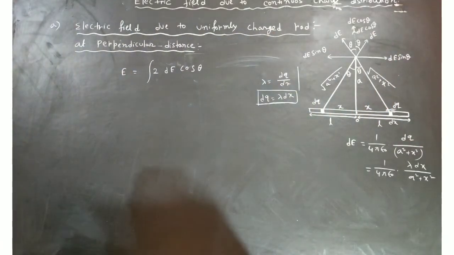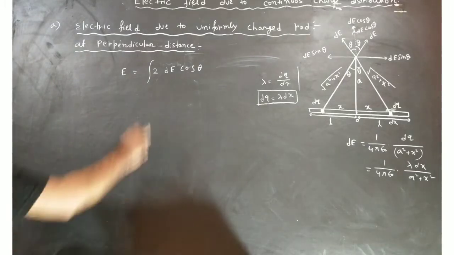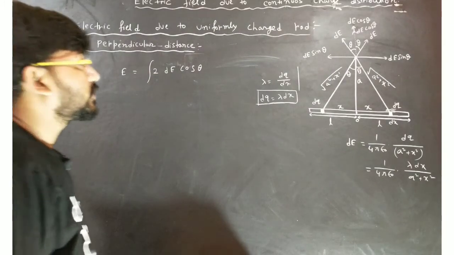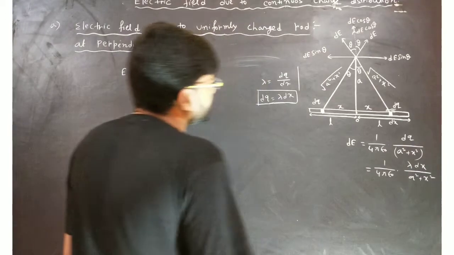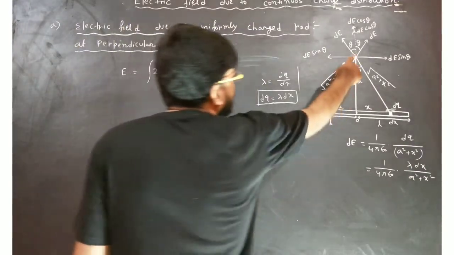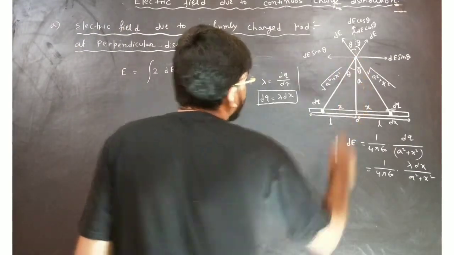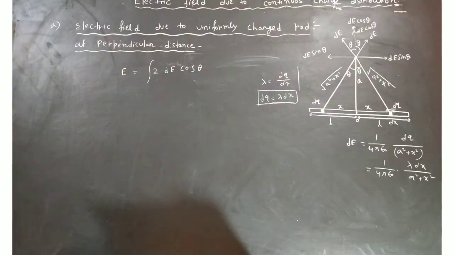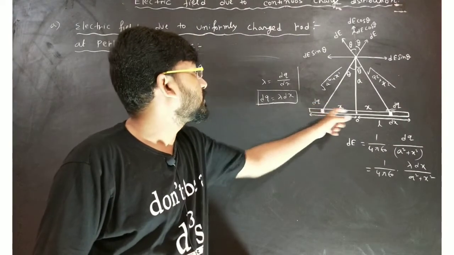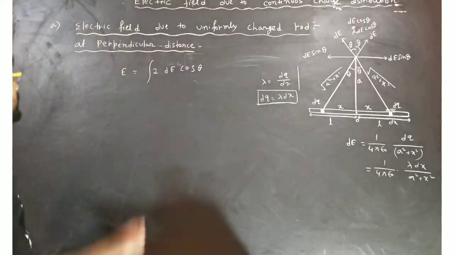Okay, so let me substitute here d and cos theta. And cos theta, what will be cos theta? Cos theta will be base divided by hypotenuse. And for this triangle you can see the base is a, okay, because this x is the perpendicular. So you can substitute here all the terms.